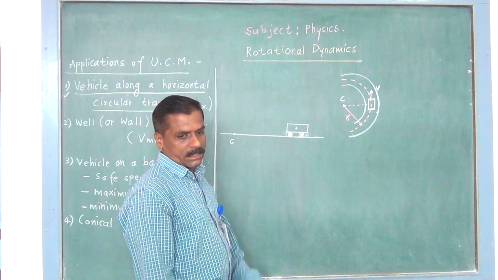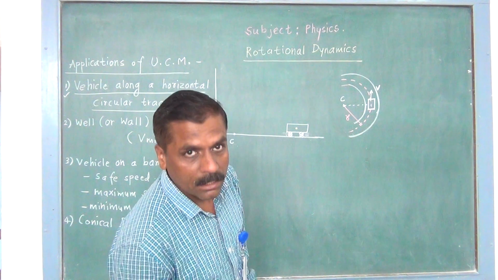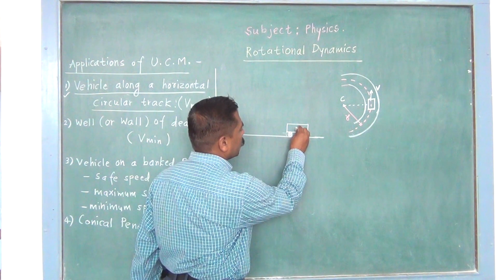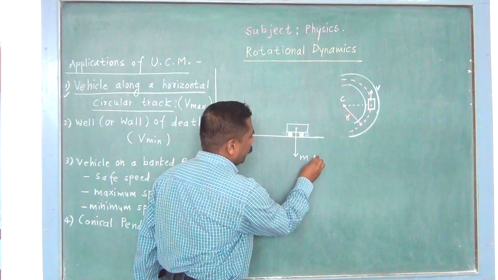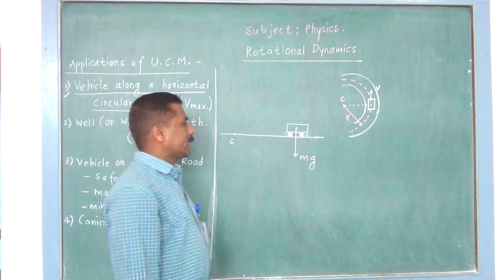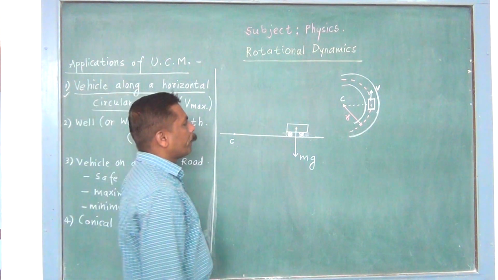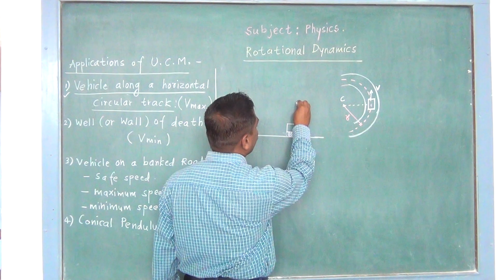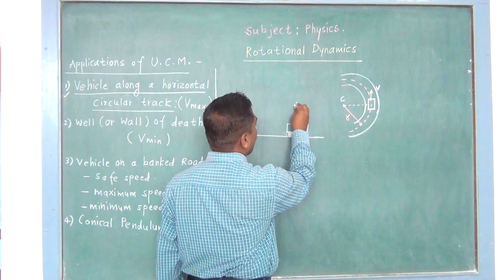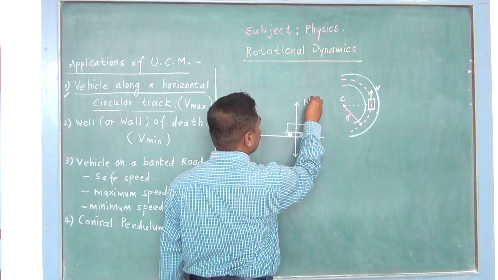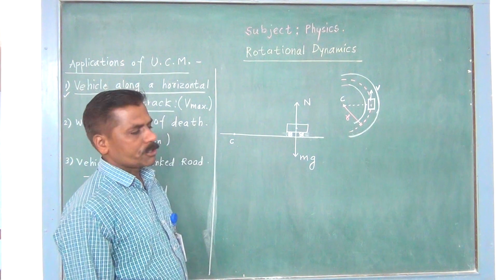In this case, different forces are acting on this vehicle, and the first important force is nothing but the weight of the vehicle, acting in the downward direction. The second force, acting vertically upward and perpendicular to the road surface, is called the normal reaction.